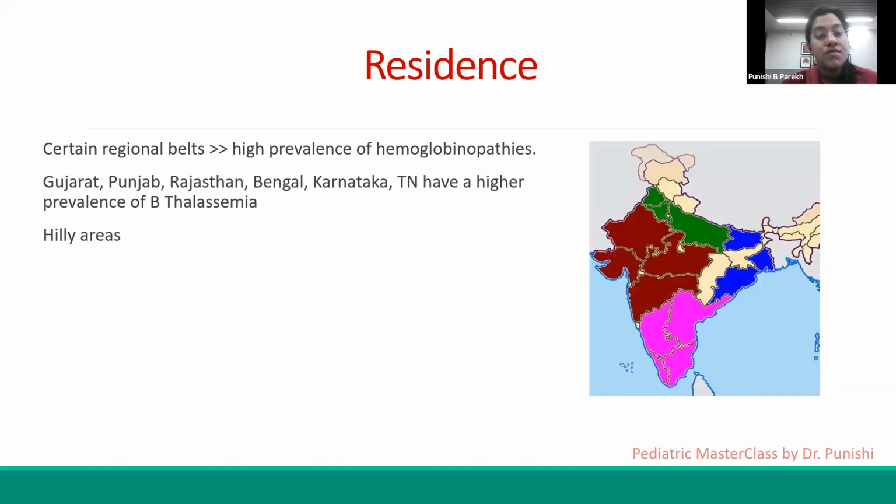Now, what is the importance of hilly areas? Certain hilly areas in the country, whether it's the west or the south, you will see a higher prevalence of these hemoglobinopathies. There's a hypothesis that it's nature's way of protecting them. We all know that malaria is more predominant in the hilly areas because there are a lot of trees and a lot of breeding of mosquitoes.